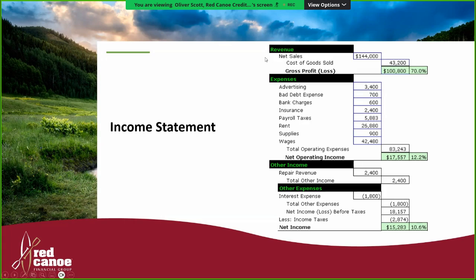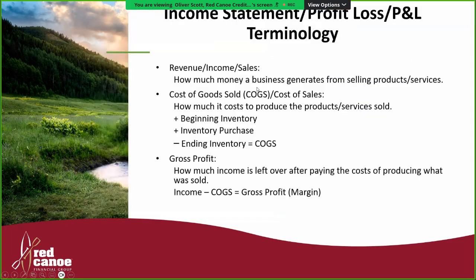It shows you, again, your revenue, how much you spend, and any other income that you might have, other expenses, and then your net income. What do all those things mean? There are a lot of slashes on this because it's called different things.